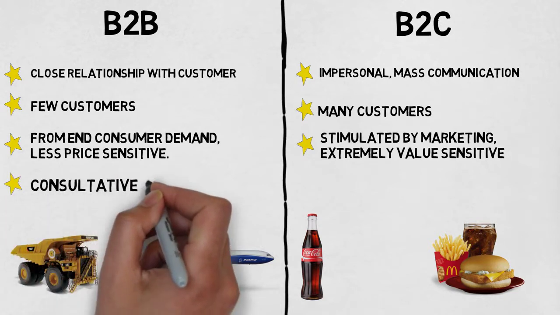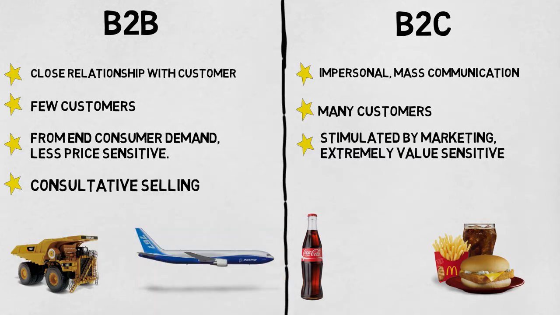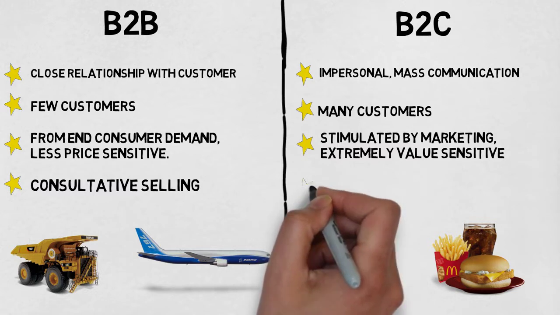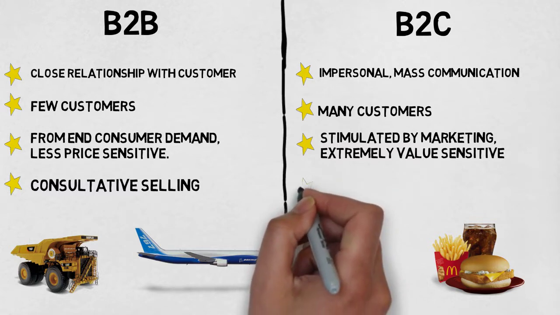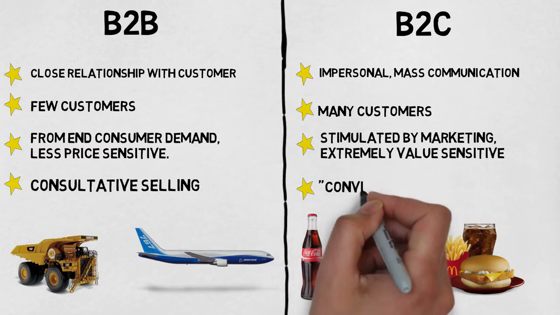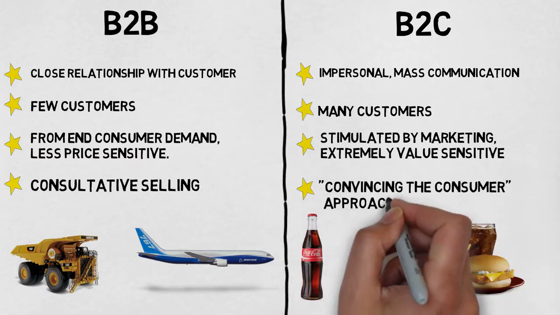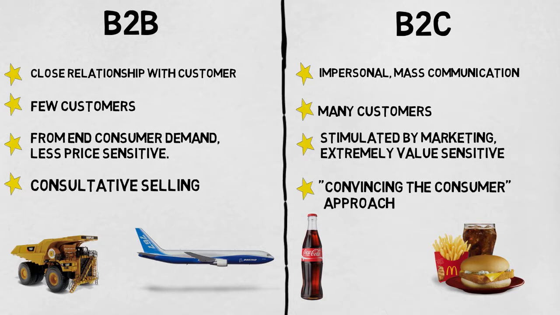B2B sales require consultative selling, which is selling based on understanding a client's needs and developing a relationship of trust, sometimes from a two-step level sales organization, including the seller sales force and the distribution sales force. B2C sales are usually direct to the consumers or involve the retailer. The sales approach is a traditional product sell of convincing the consumer they need the product or service being sold. We will look at differences in more detail as follows.